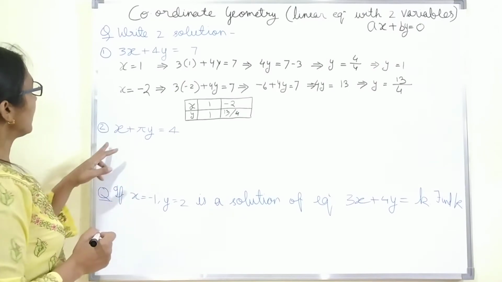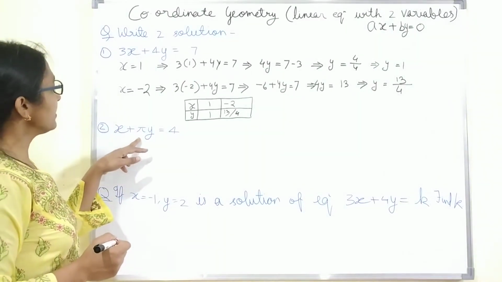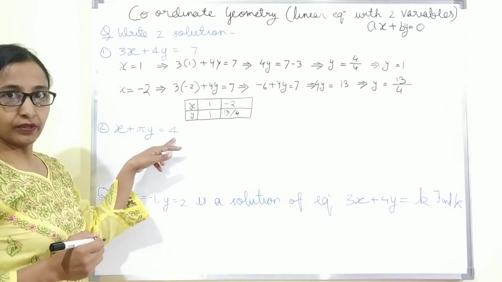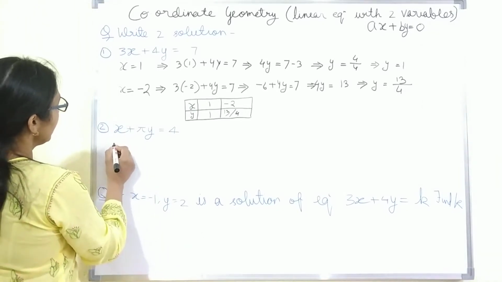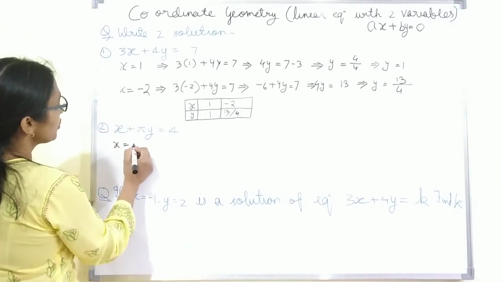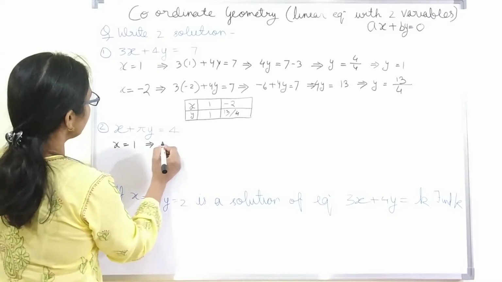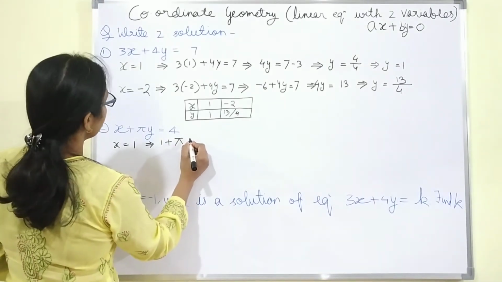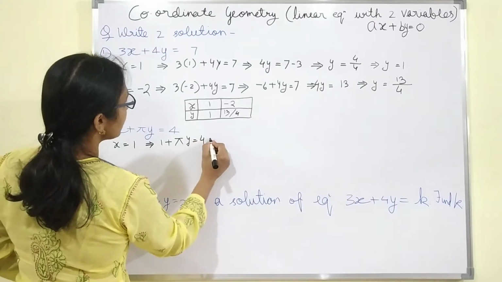Okay. Now next question, x plus pi y equals to 4. So again we will substitute x equals to 1. If x equals to 1, so 1 plus pi y equals to 4.